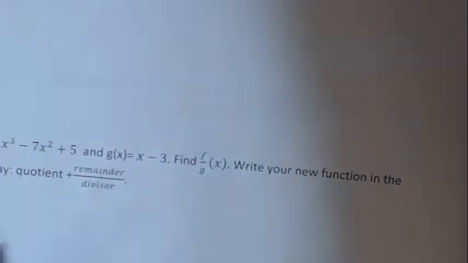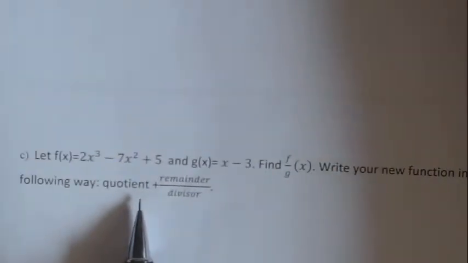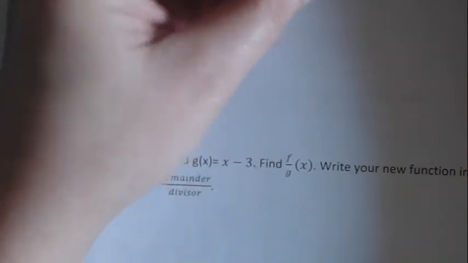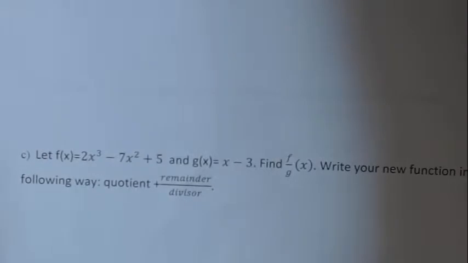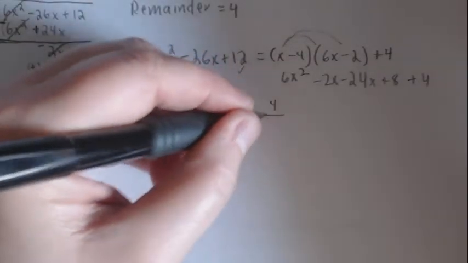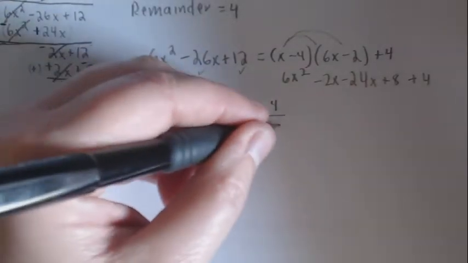Let me point to it like that. So you could say that it is a quotient 6x minus 2 plus a remainder of 4 divided by x minus 4.